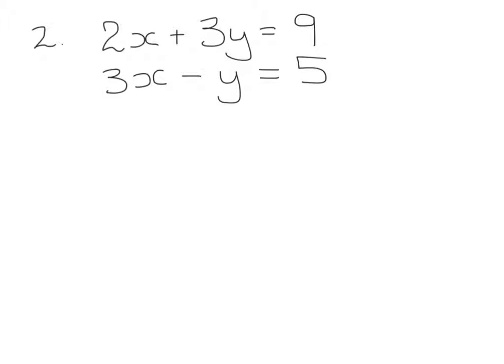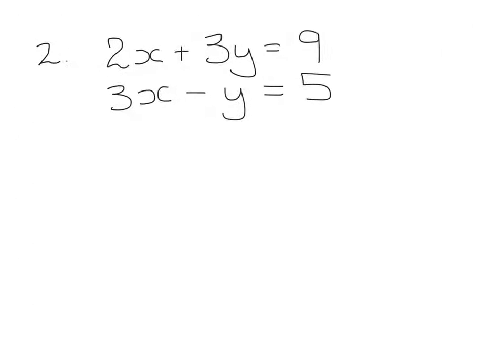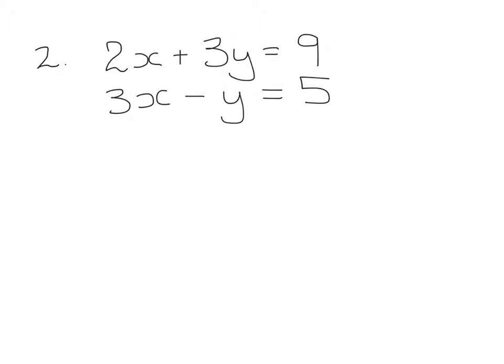Question 2 is simultaneous equations. You're going to have to start by making either y or x have the same coefficient in each equation. So to do that, one option is to multiply the second equation by 3. Multiplying that by 3, we get 9x minus 3y equals 15.